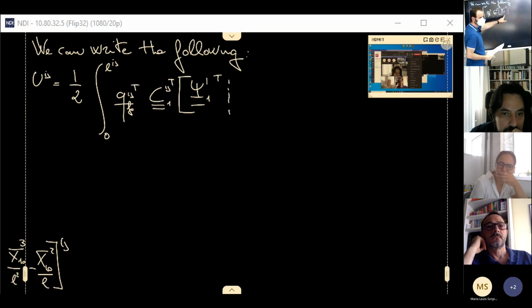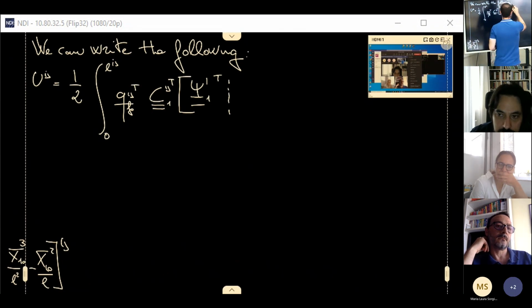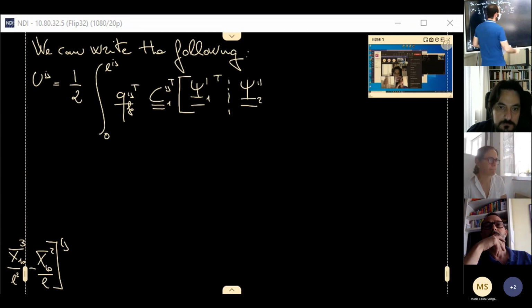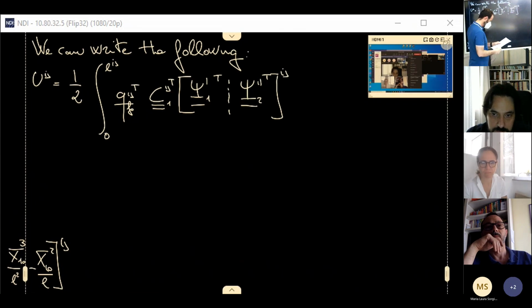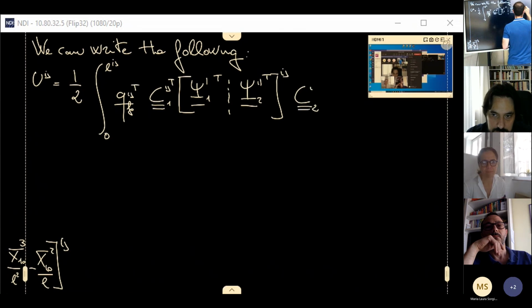Okay, meaning that this is now, since it's transposed, a column vector. And now you have psi2 double derivative transposed ij. Okay, and then we have C2 ij transposed.